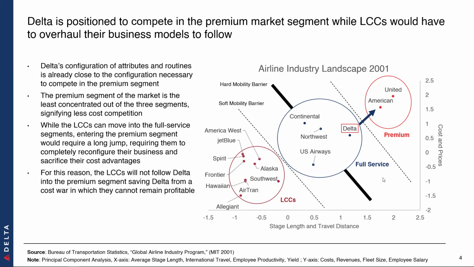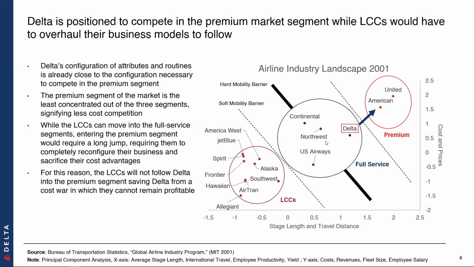And why this is such a great tool, being able to use an unsupervised learning algorithm like this, is it allows you, in the business world, to create industry landscapes like this. And you can really see where the different firms compete.